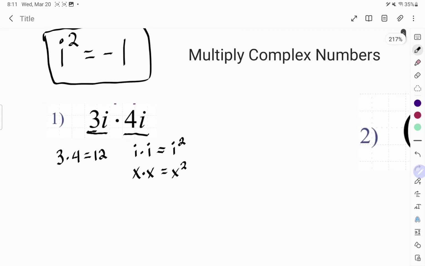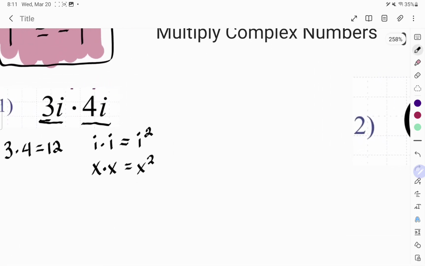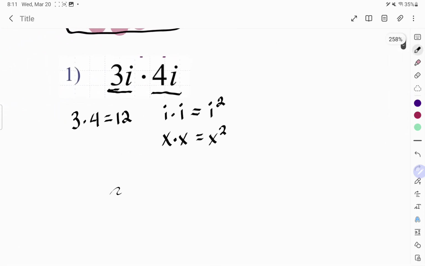Now, just like I mentioned earlier, i squared is going to equal -1. So every time you get i squared, we're going to substitute the i squared for -1. So let's go ahead and do that. I would have 12, parentheses, and that would be i squared, but we're not going to write i squared. We're going to substitute it, so it's going to be -1.